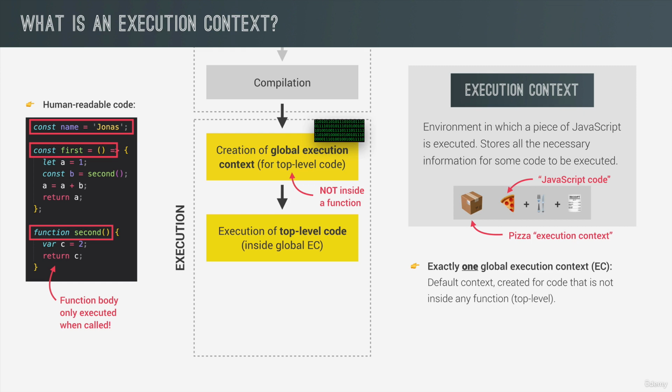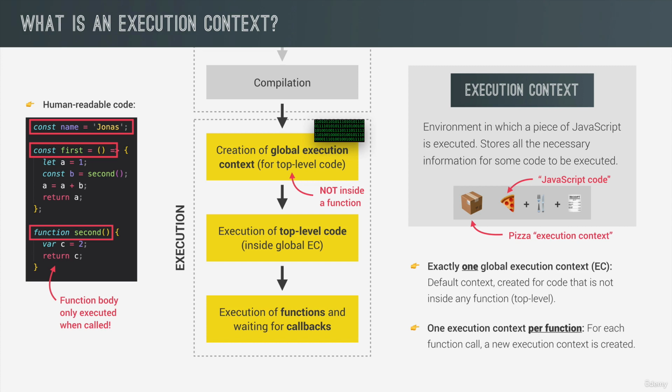Okay, and once this first code, so the top-level code, is finished, functions finally start to execute as well. And here is how that works. For each and every function call, a new execution context will be created containing all the information that is necessary to run exactly that function. And the same goes for methods, of course, because they're simply functions attached to objects, remember?